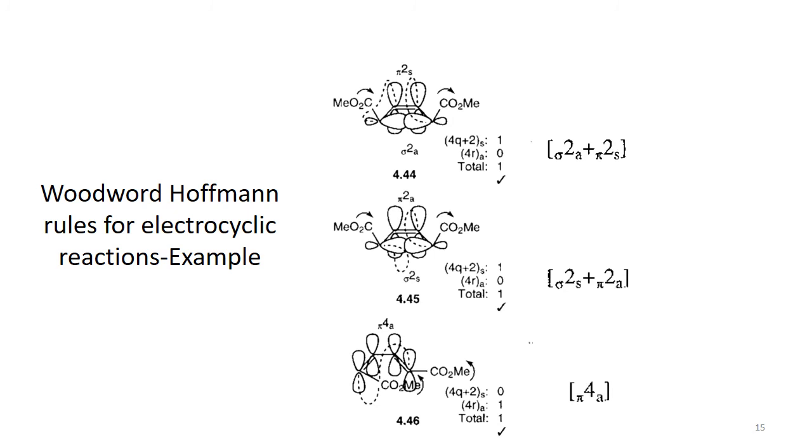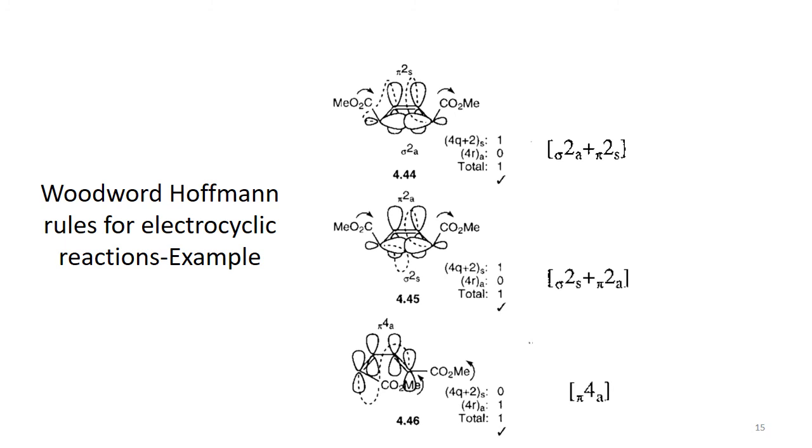So conrotation is basically followed by the antarafacial thing. Why is it antarafacial? Because for conrotation, the orbital lobes have to move in the same direction. It means that the opposite faces of two lobes have to interact together. It means that this is an antarafacial relationship. Anyways, we are talking about a 4 pi a system.